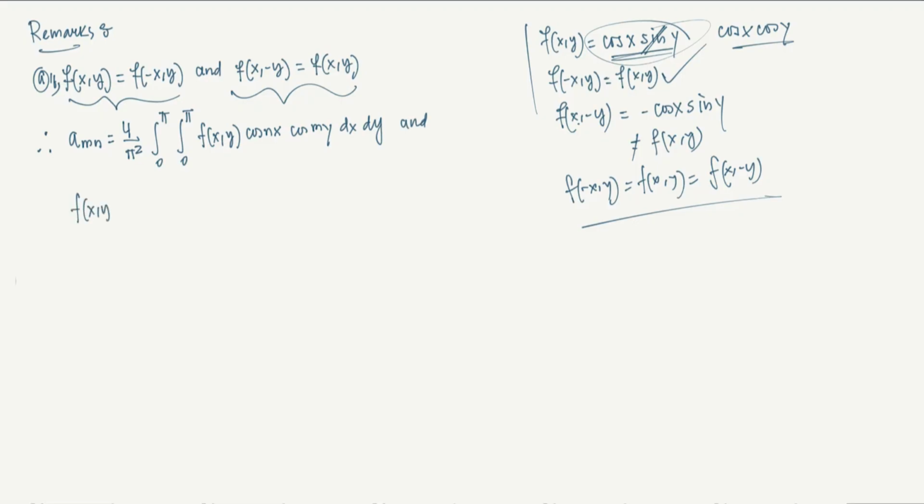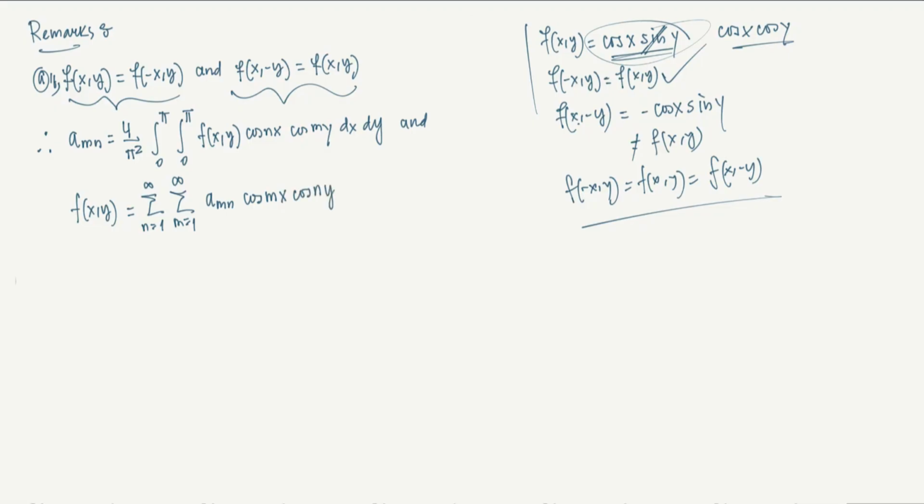F of xy can be written as summation n equals 1 to infinity, summation m equals 1 to infinity, and then amn. I'm writing mn, it can be nm also, doesn't matter. And then you have cosine mx, cosine ny.